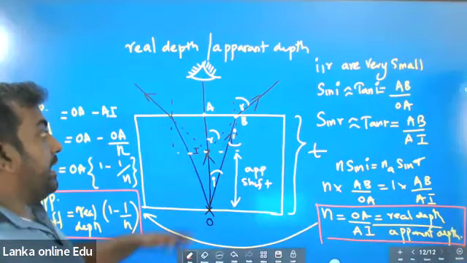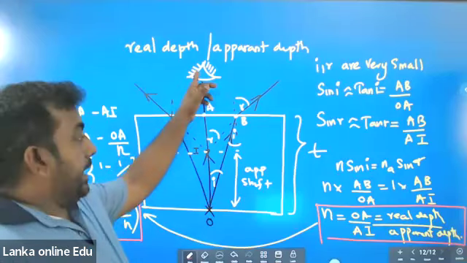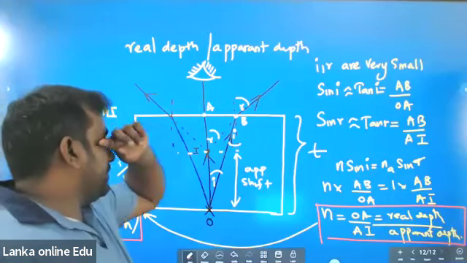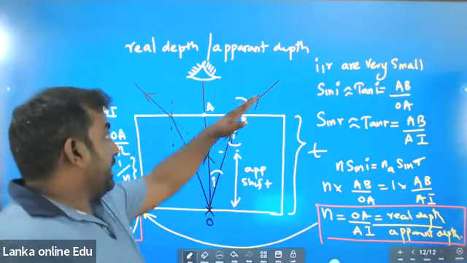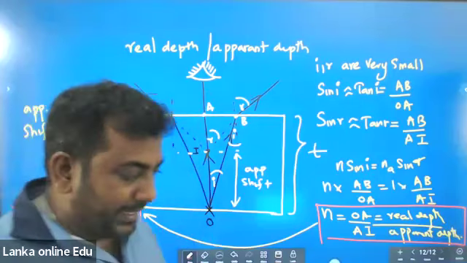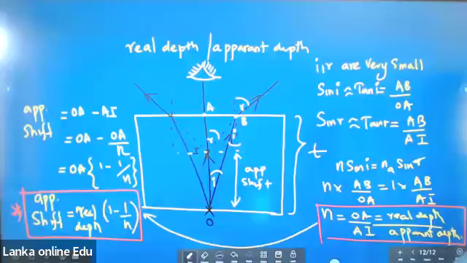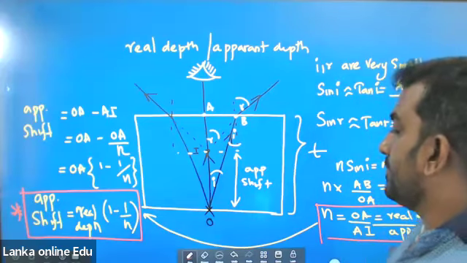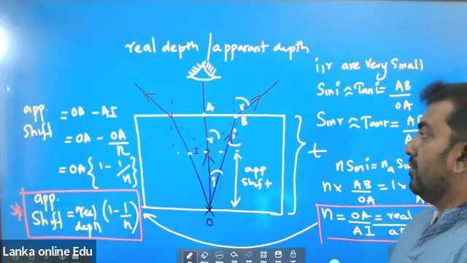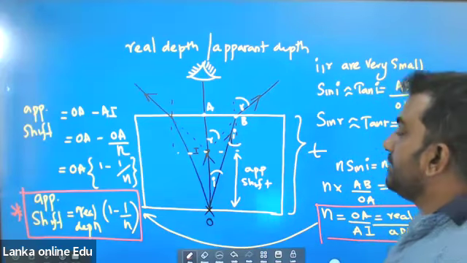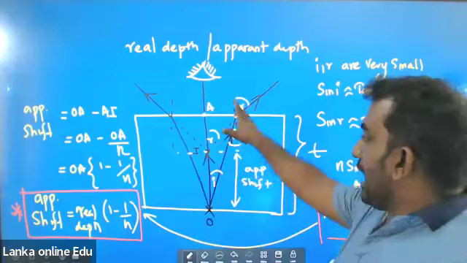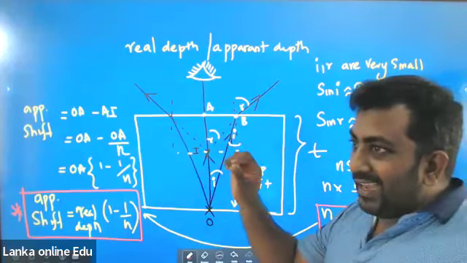At near normal incidence, for refracted light rays to enter the eye, angles I and R should be very small.